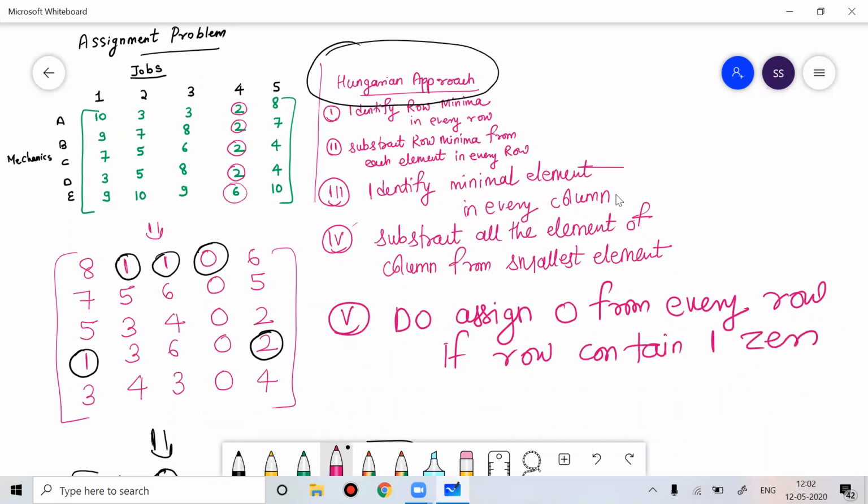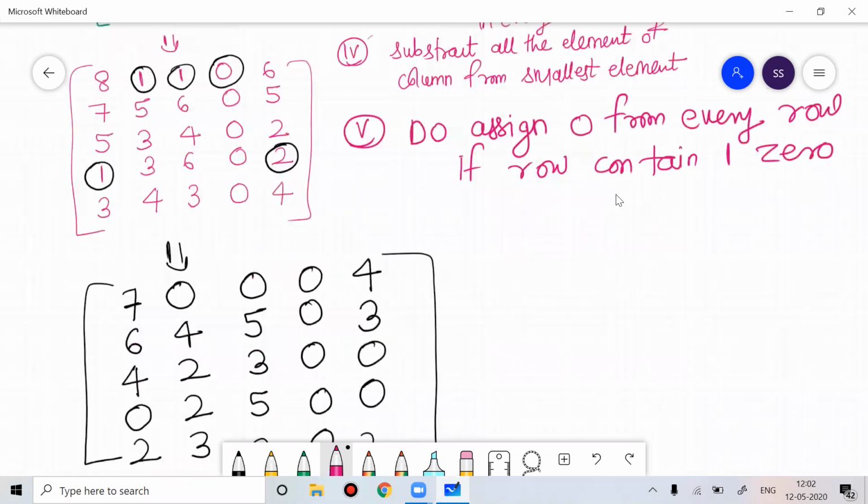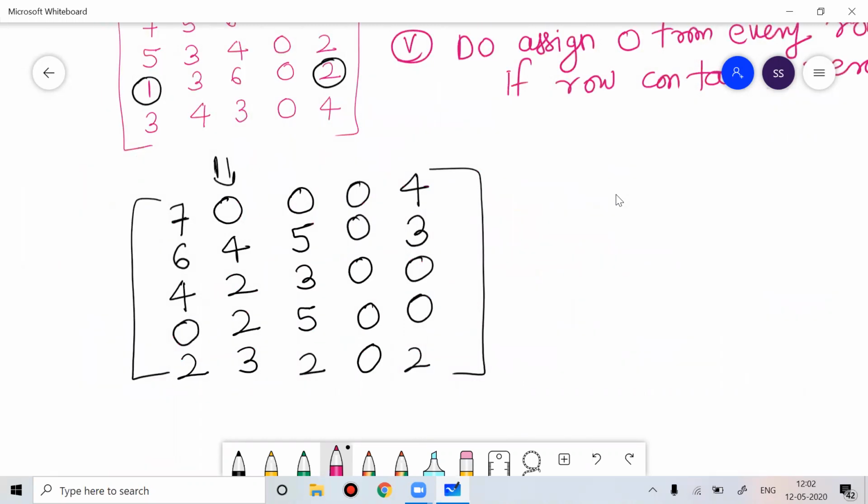So first, when you do assignment, when you give assignment to every row, you have to give preference to that row which has only one 0.